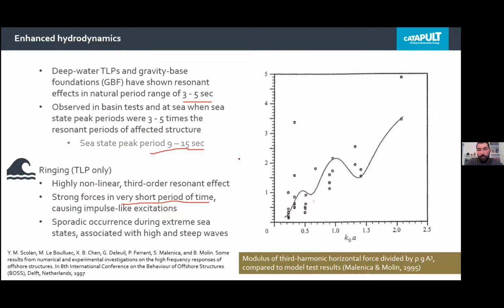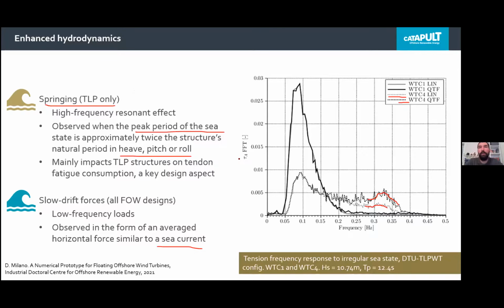There is another method called the FNV method. I'm sure some of you will know it. However, this method has a very limited range of applicability in terms of the size of the structure in comparison with the length of the incident waves. So in terms of second order, there are well-established numerical methods to design and model them.